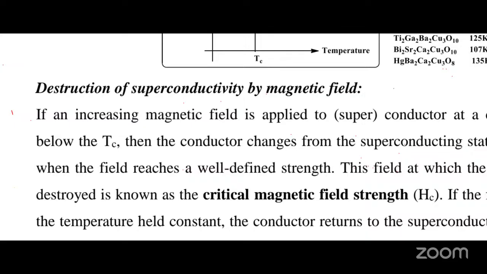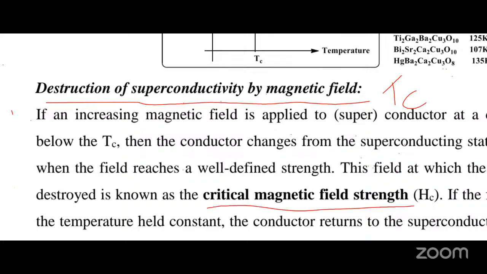with the help of magnetic field also we have to identify. The description of superconductivity by magnetic field means, as we mentioned, that at some temperature the material shows maximum, that is infinite, conductivity. Such a condition is known as the superconductivity state. Similar to the critical temperature TC, there is a critical magnetic field strength.